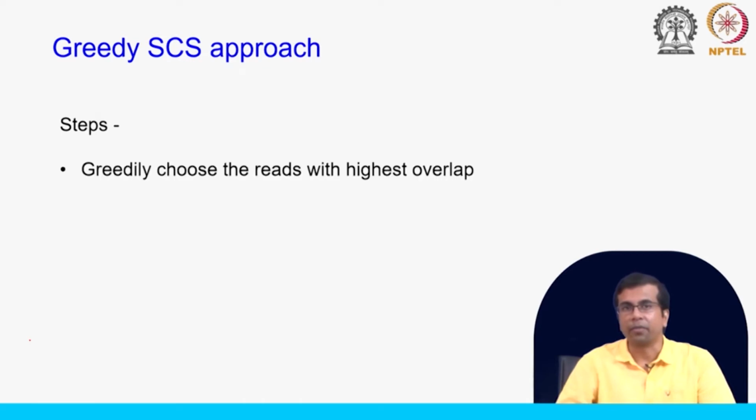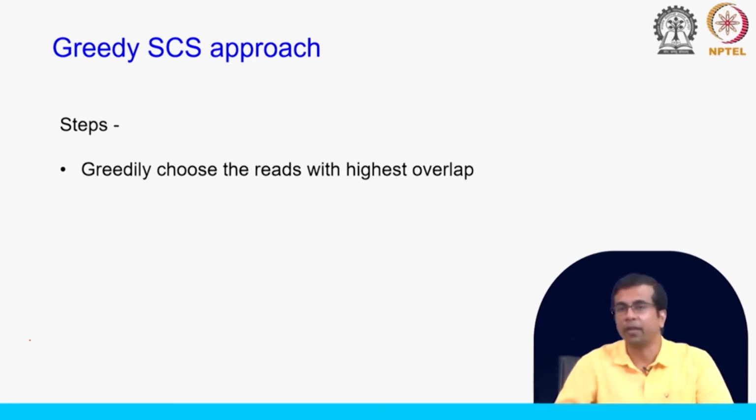So, what are the steps here? The first step is to greedily choose the reads with highest overlap. Instead of trying to find the most optimal path, the greedy approach will start with the reads that show highest overlap.